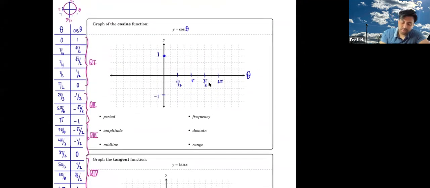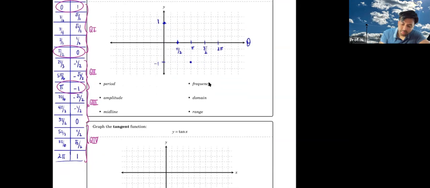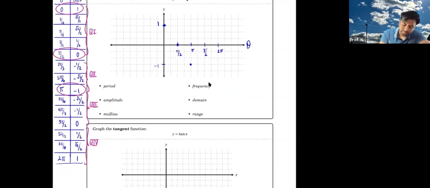At pi over 2, what's my cosine value? It's 0. And then at pi, I'm at -1. And then at 3 pi over 2, I'm back at 0.